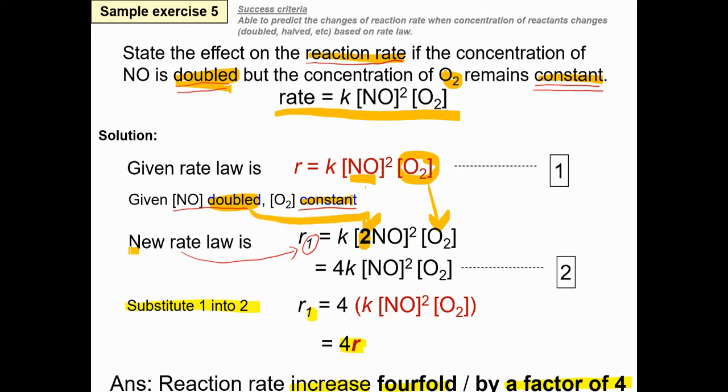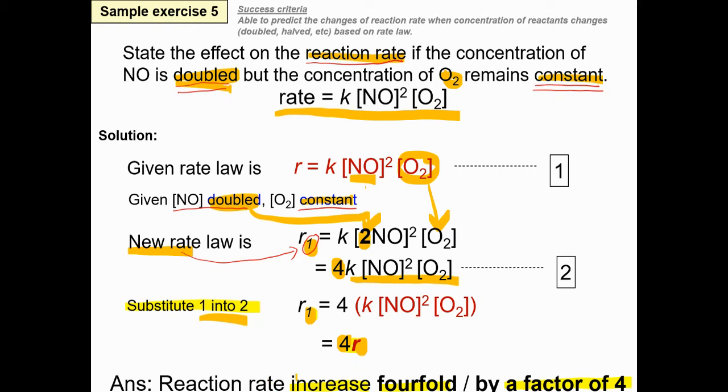Then this one is a new rate law. That's why I put rate 1. After that, we do mathematics and then we will get 4k and then the same rate law as the earlier one. So substitute 1 into 2, we will find that the new rate law is 4 times the initial rate law. So how do we say the answer?